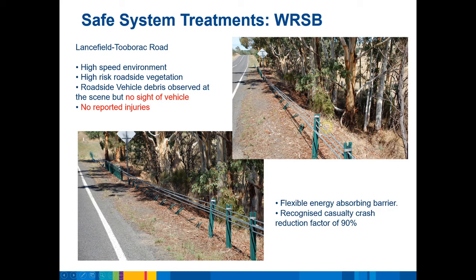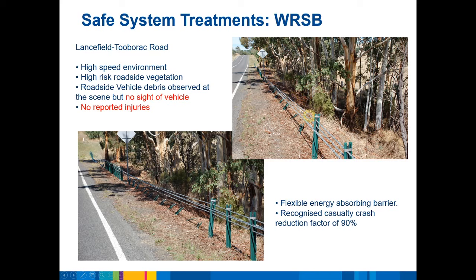So yeah, we would say compared to no barrier, especially compared to where there are trees or poles or a drop-off or some other sort of hazard, these barriers have a crash reduction factor of 90%. You might think that if there was just a field, like let's say this road was pretty flat and you basically just had an open grassy field, why do we need a barrier?